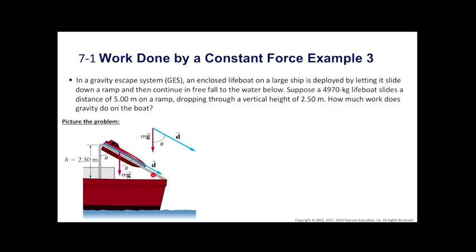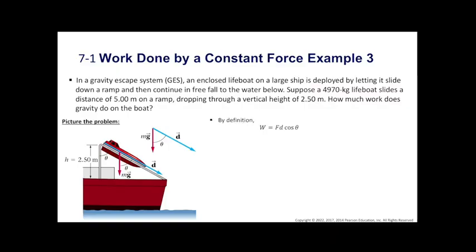Now, from our sketch, we see that the force of gravity and the displacement are at an angle theta relative to one another when placed tail to tail, and that theta is also the angle that the ramp makes with the vertical, this angle.